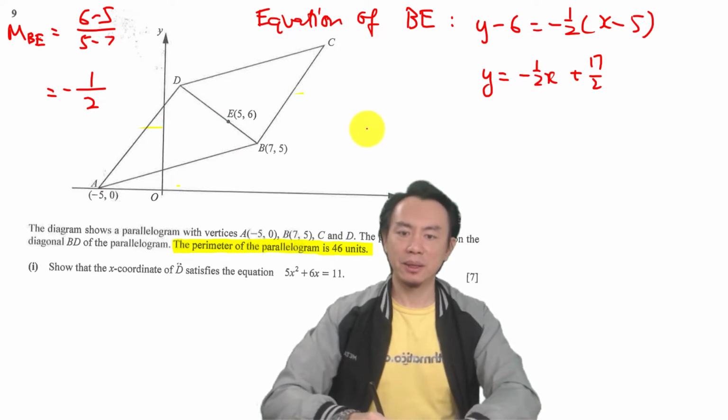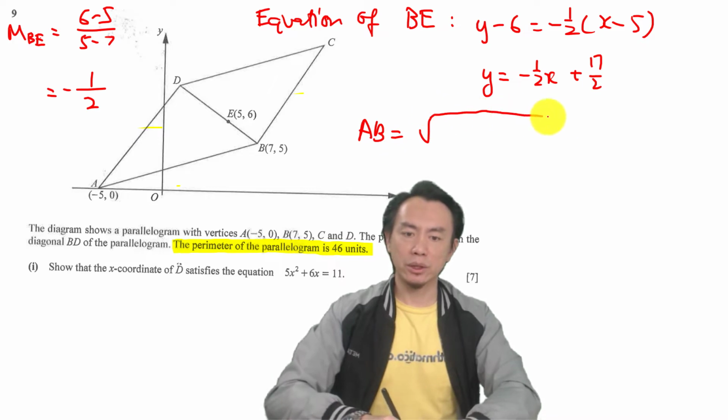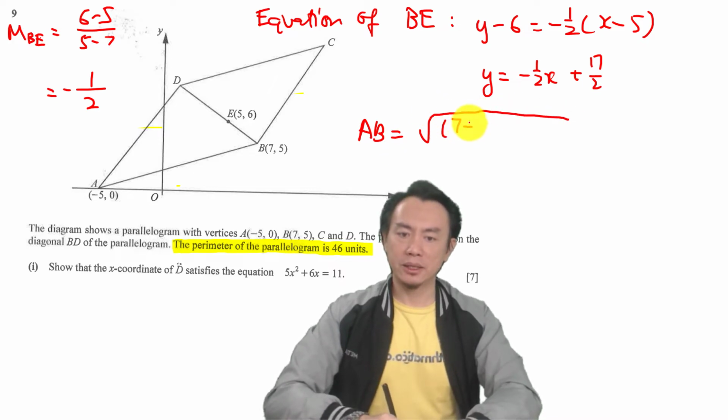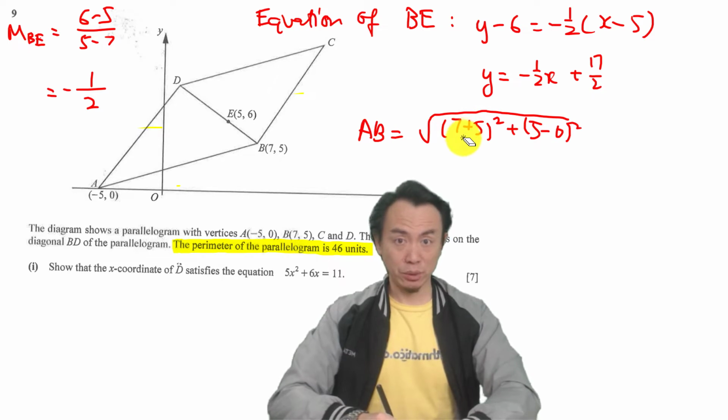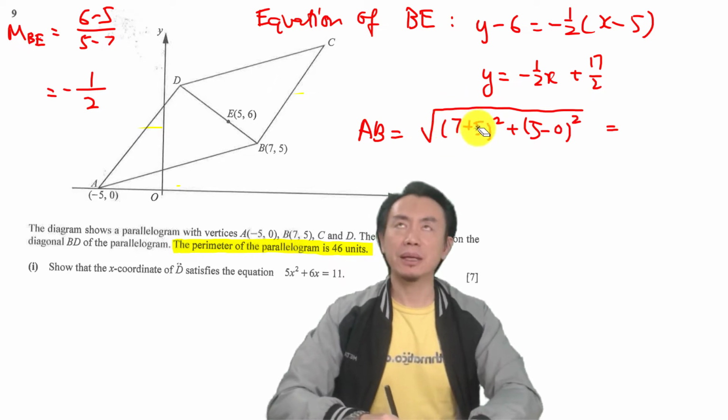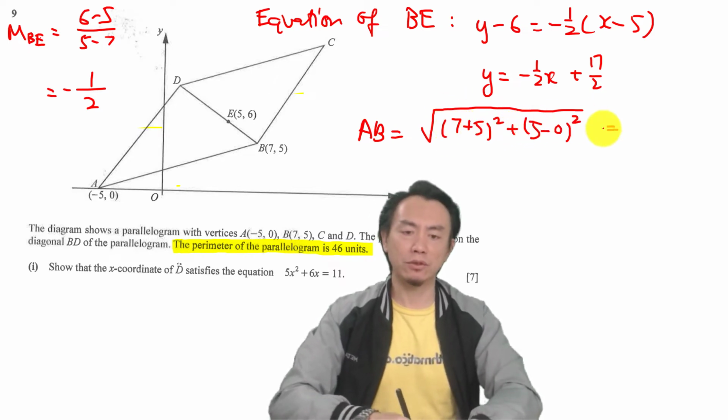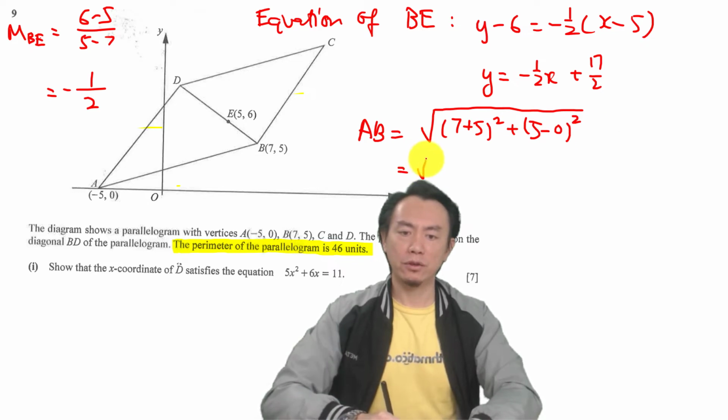We find the length of AB. That's equals to the square root of x2 minus x1 squared plus y2 minus y1 squared. This is a minus negative, so we get a plus here. 7 plus 5 is 12. 12 squared is 144. Then we have 144 plus 5 squared is 25.